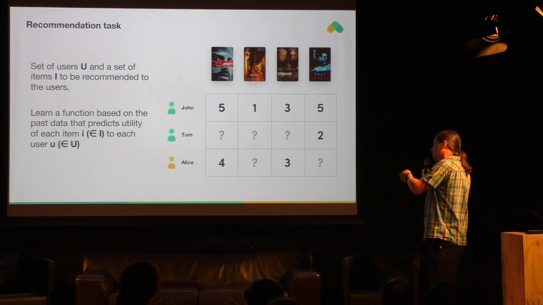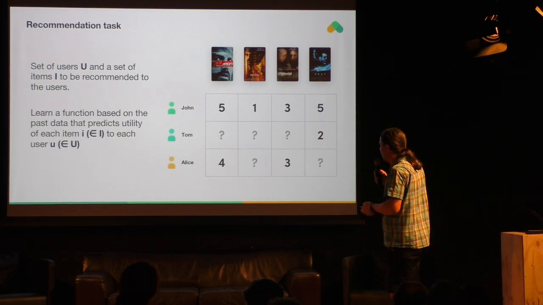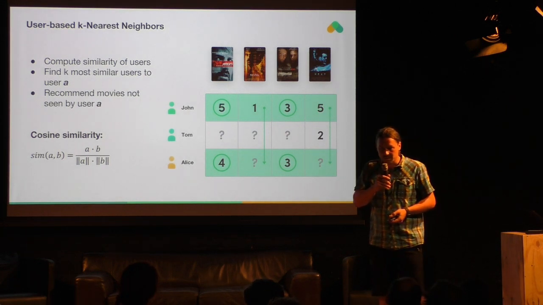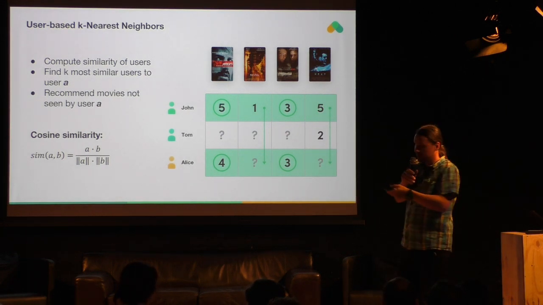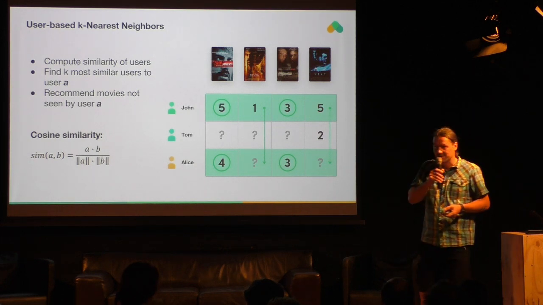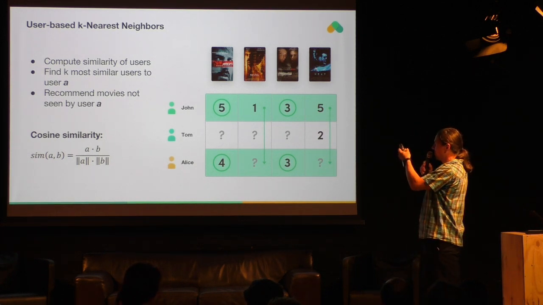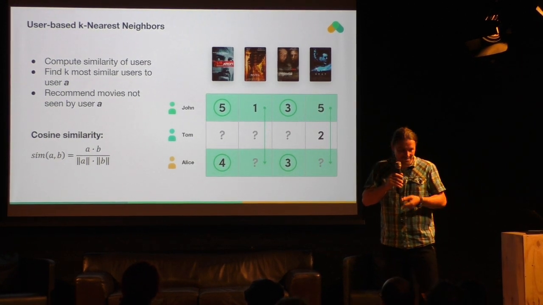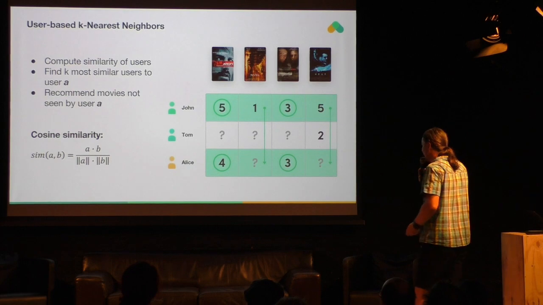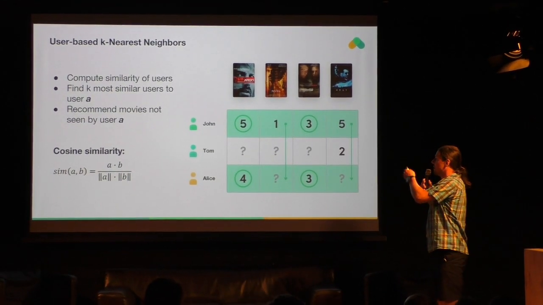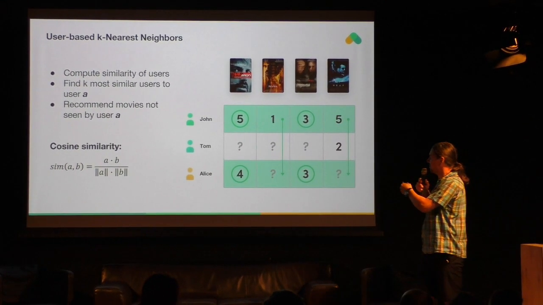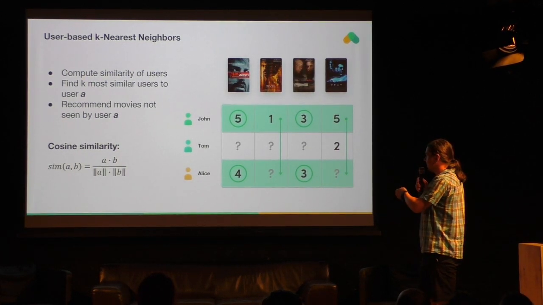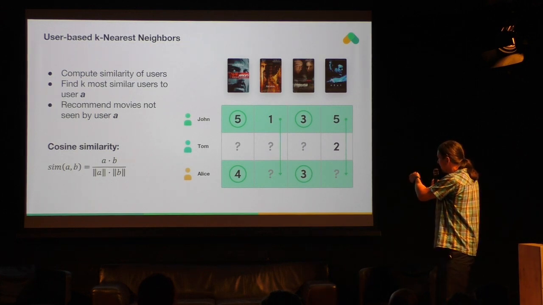To recommend some movies for Alice, you need to find similar users in the database. This is something very simple, and it's called the K-nearest neighbors algorithm for recommendation, specifically user-based K-nearest neighbors, because you are working with users, and you are recommending based on similar users.